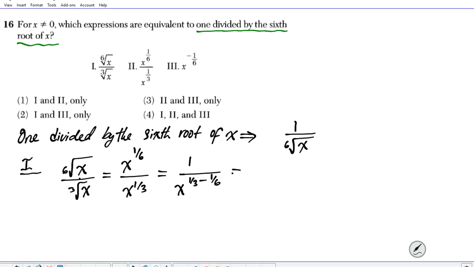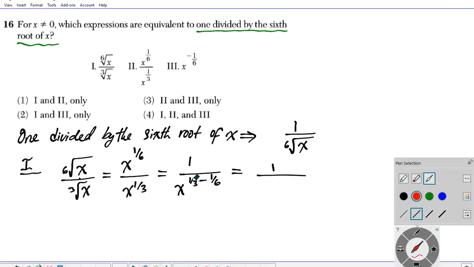Okay, now what is 1/3 minus 1 over 6? We have to find the LCD. So the LCD of 3 and 6 is 6. So I'll simply multiply this by 2 in the numerator and denominator so that we can have identical denominators. If I do that, I'll have x raised to the 2/6 minus 1/6.